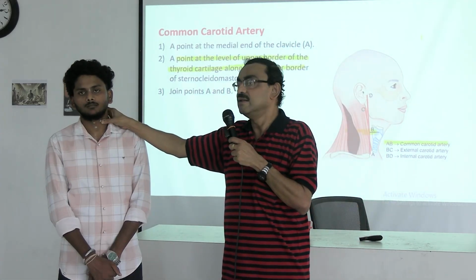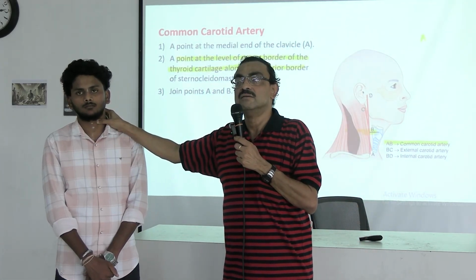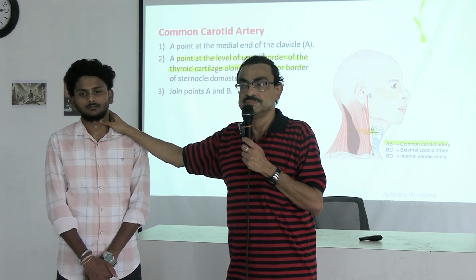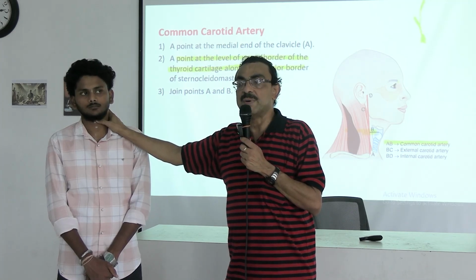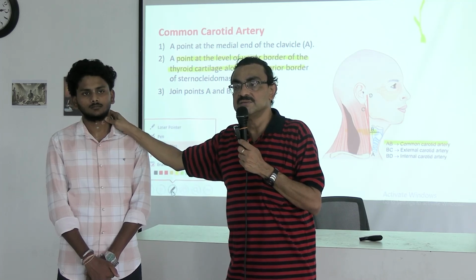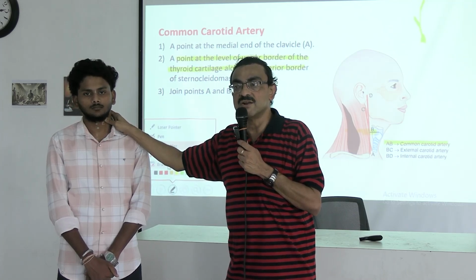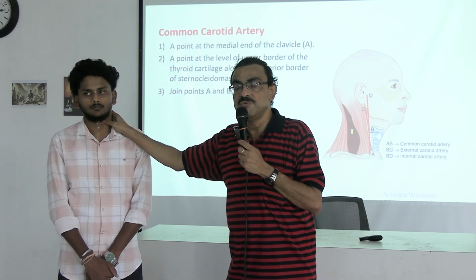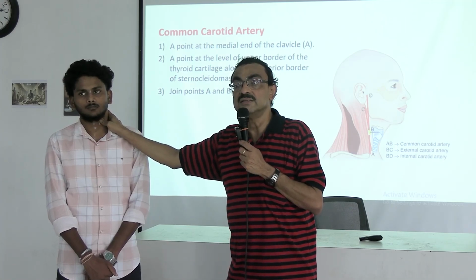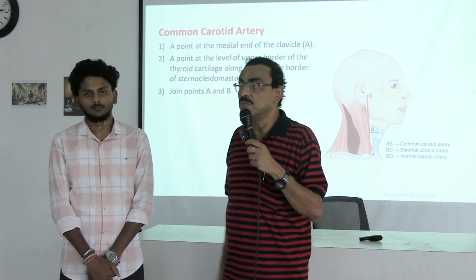Here we can feel the pulsation of the common carotid artery. At the upper border of the thyroid cartilage and the anterior border of the sternocleidomastoid, if we put our thumb in between, we can feel the pulsation of common carotid.